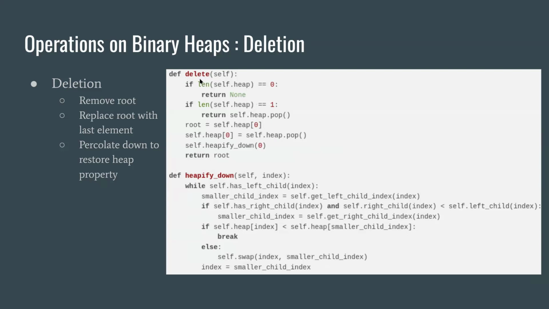As you can see in this delete, if the length is 0, we return none. If length is 1, we return the element in the heap. Otherwise, we set root to be the first element in the heap, and we pop that heap, and we will call heapify down.